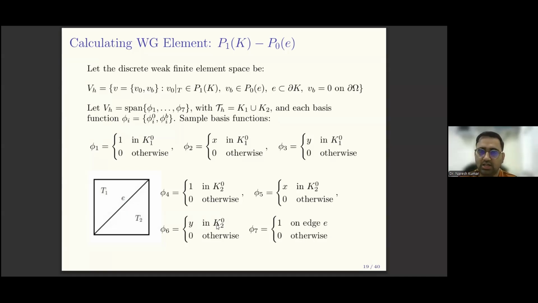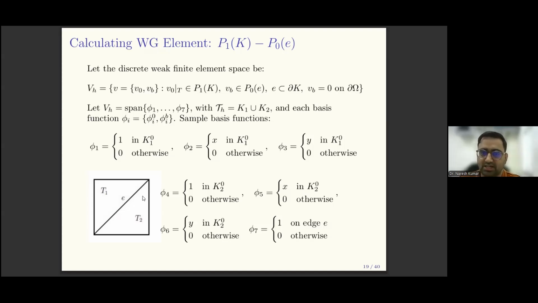So I calculate this WG element in two dimensions. For easy purposes, I take two elements. If you do the computation in one element, then the same process will follow. So you don't need to do the computation for each element separately. You do the computation for one element, the similar idea follows for the other elements, and then we assemble all the elements.